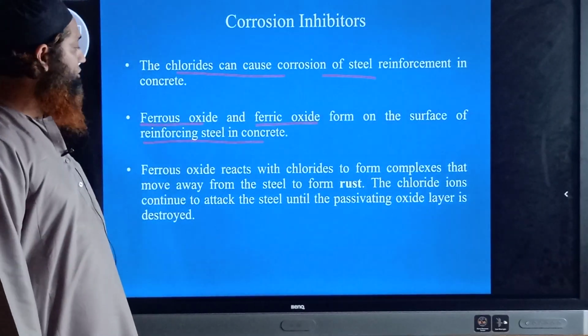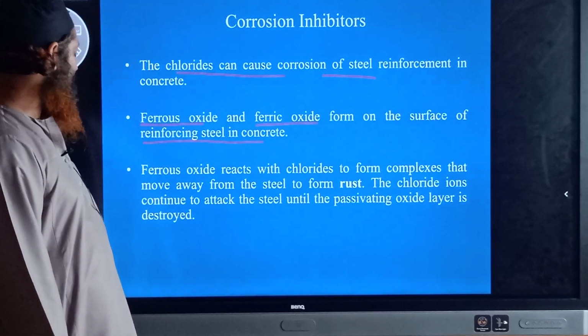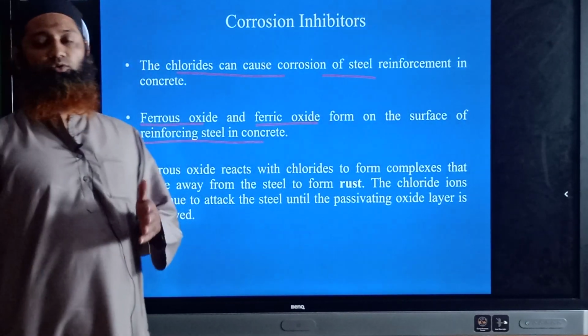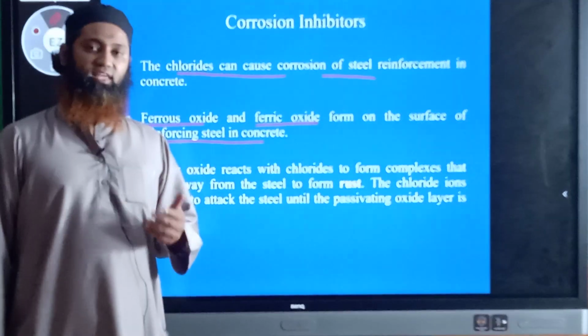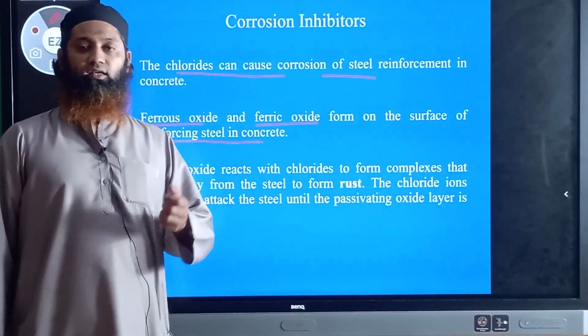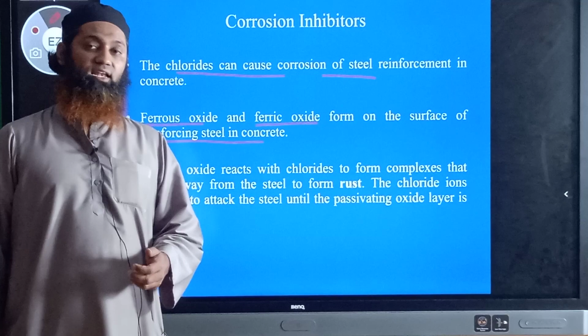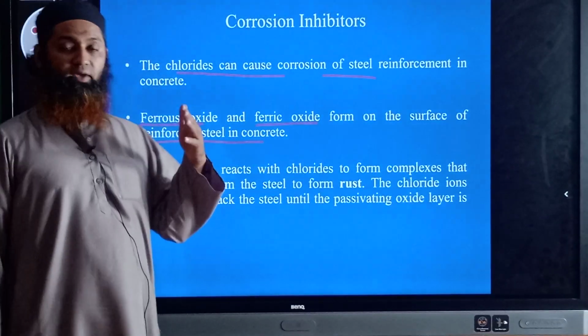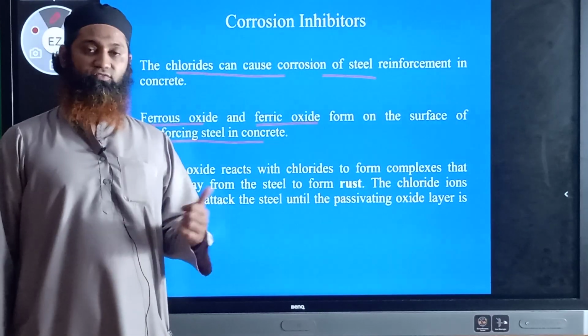Ferrous oxide reacts with chlorides to form complexes that move away from the steel to form rust. So rust is formed on the reinforcing steel, and it completely damages the steel, reducing the strength of concrete, and the lifespan of the structure is also reduced because of this rust.